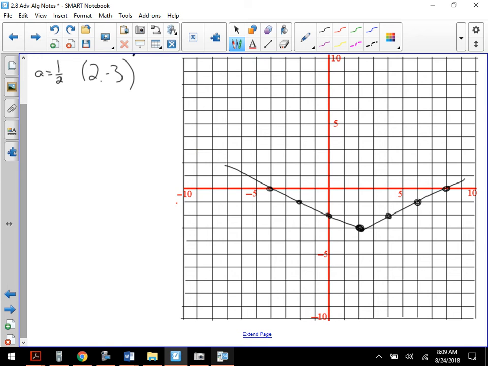Absolute value graphs are really the nicest graphs to introduce you guys to A, H and K. What happens here is when you have the format where it's x minus h, since our graph here was x minus 2, that means h is 2.